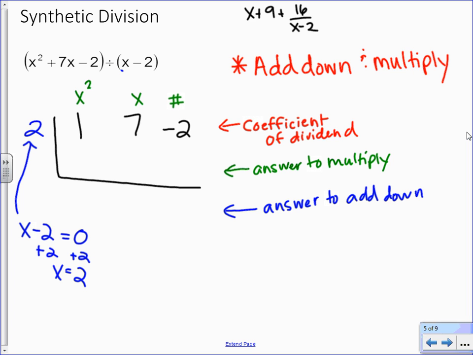You always go in the order of add down first, then multiply. So on the first add down, there's nothing to add. You'll always take your leading coefficient and drop it. There is no multiply because we haven't started yet. So we drop it, we add down, our answer goes outside the box.